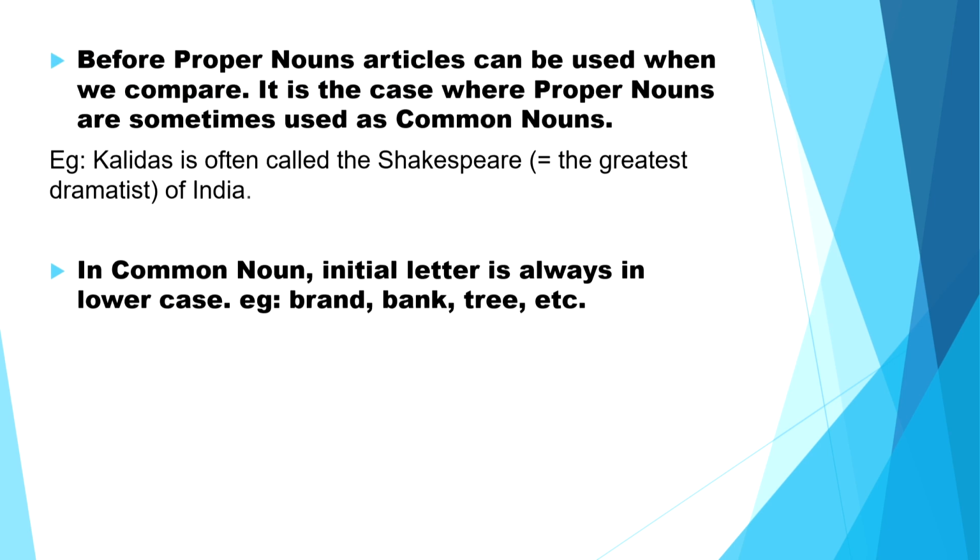Now moving on, here's an exception. Before proper nouns, articles can be used when we compare. It is the case where proper nouns are sometimes used as common nouns. For example, Kalidas is often called the Shakespeare of India. First of all, let us identify the proper nouns over here. Kalidas, Shakespeare and India, these are proper nouns.